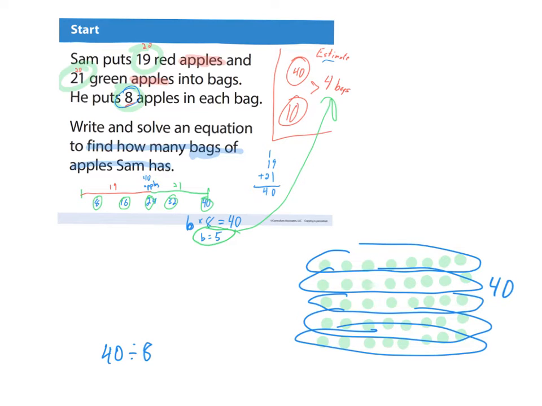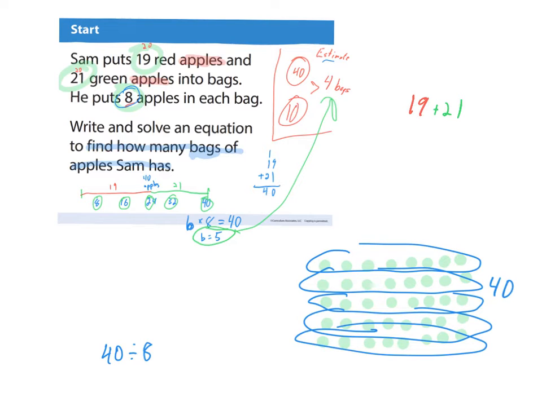The way we would want to write an equation for this would be to take the first thing that we're going to do, take our 19 red apples. We have to add it to our 21 green apples.